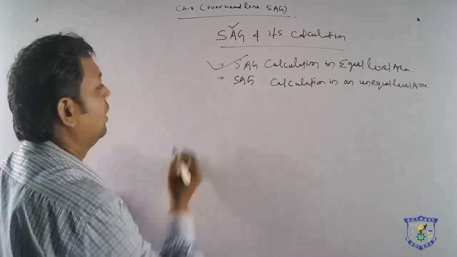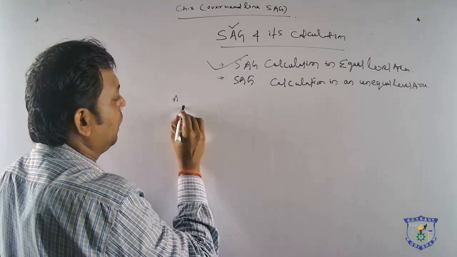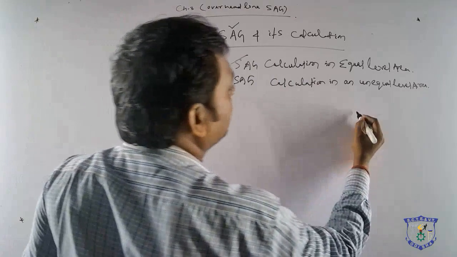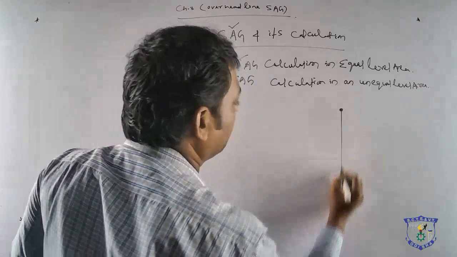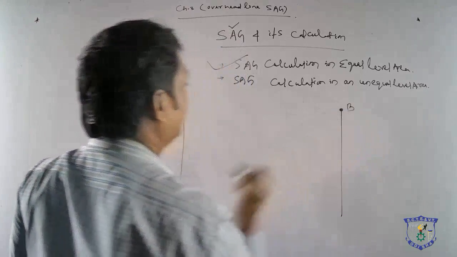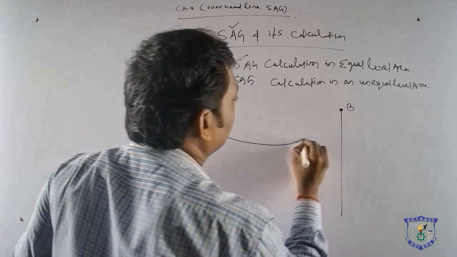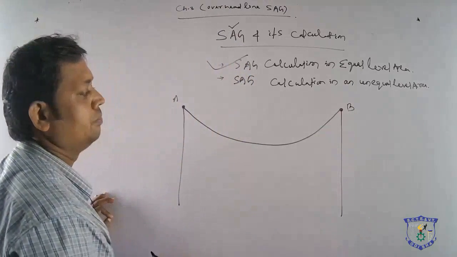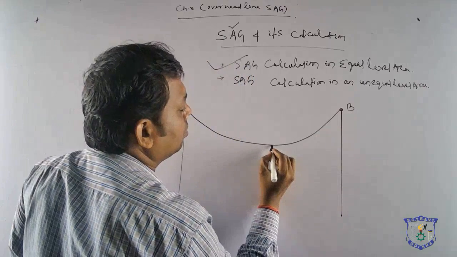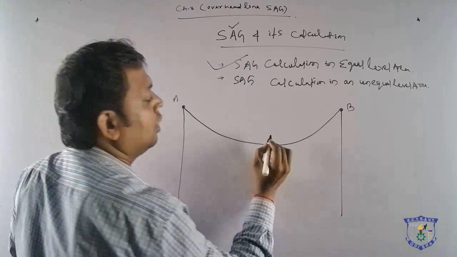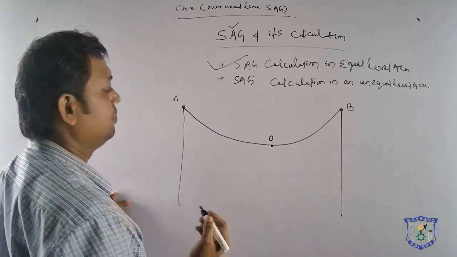So let us start. Suppose this one is support A, this one is support B. This one is the lowest point of the conductor, point O, which is taken as the origin.